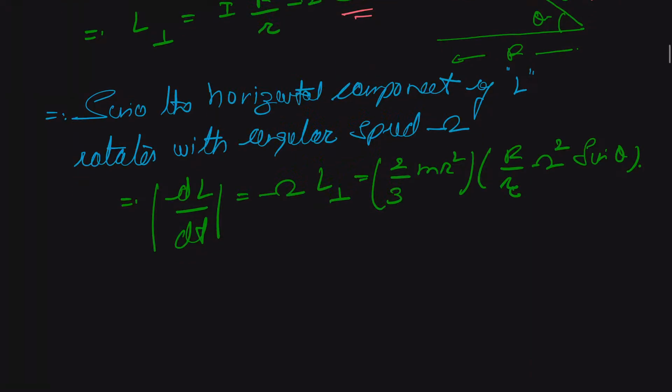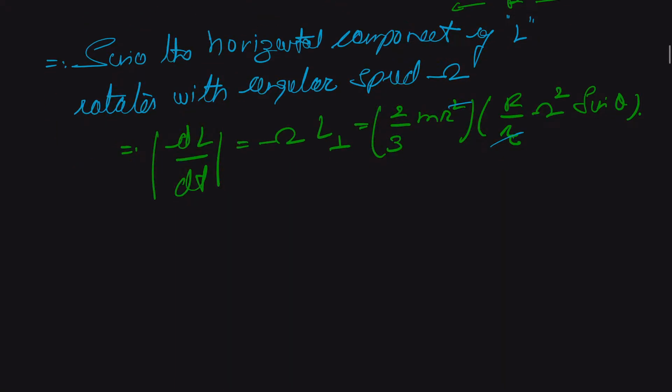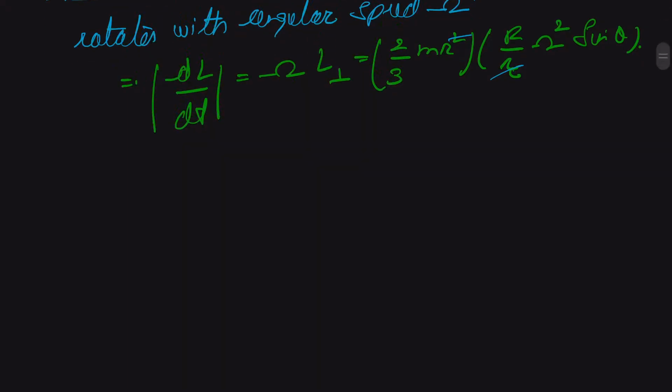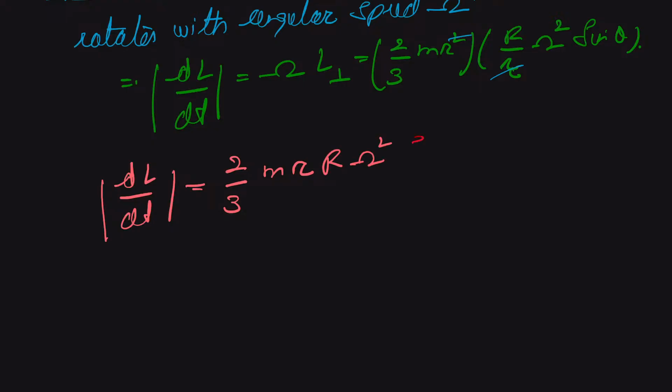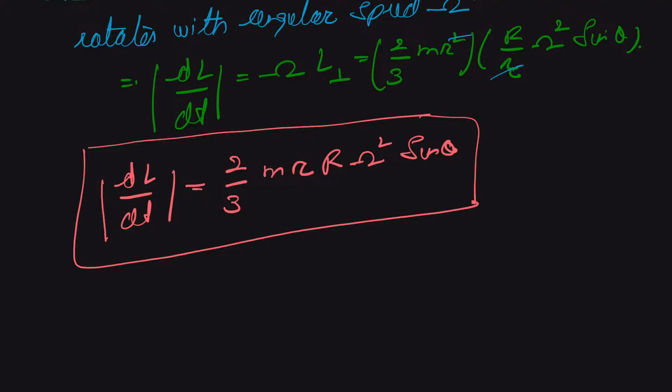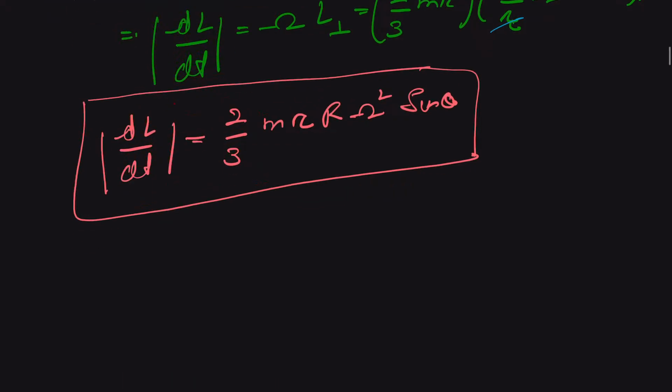And here we can just cancel out this square, therefore we get that dL upon dt will be equal to 2/3 m r multiplied by capital R omega square sine of theta. And its direction will be out of the page.